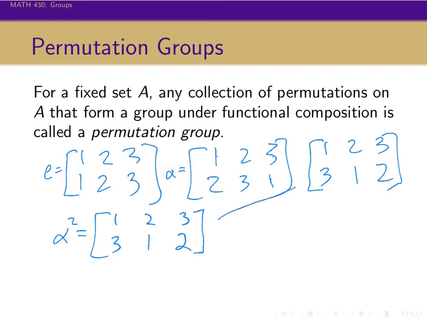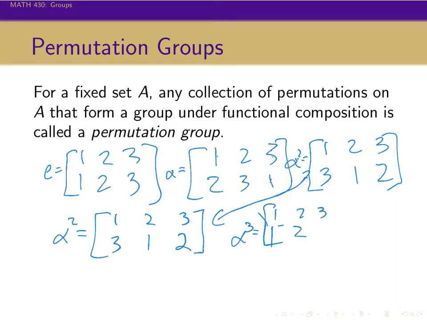And you can see that is our third member. And so that is alpha squared. And so this forms a group, because if we apply it to itself one more time, do alpha cubed: 1 gets sent to 2, which gets sent to 3, which gets sent to 1. 2 gets sent to 3, which gets sent to 1, which gets sent to 2.